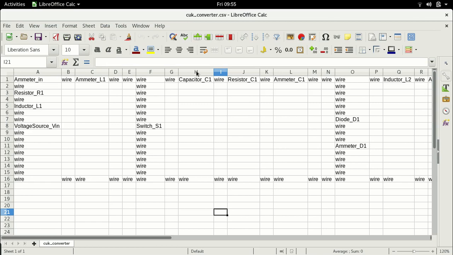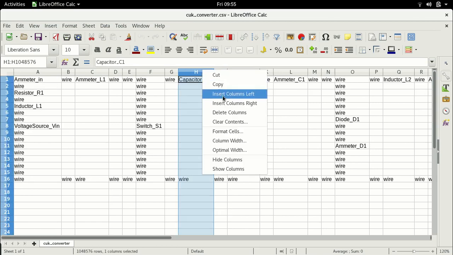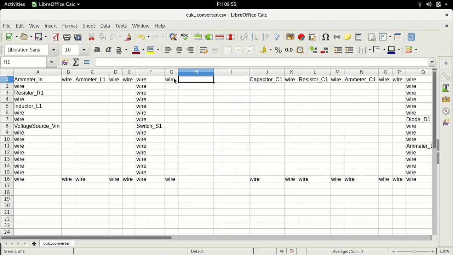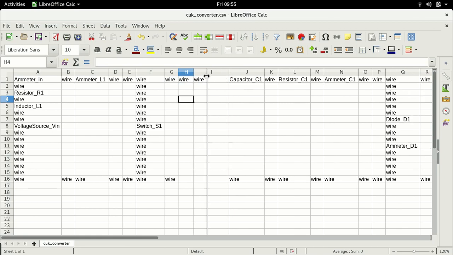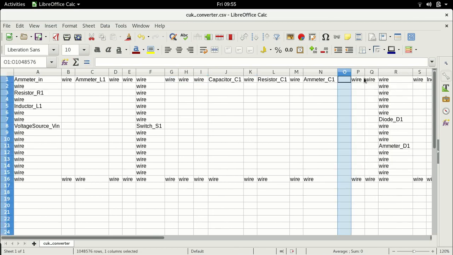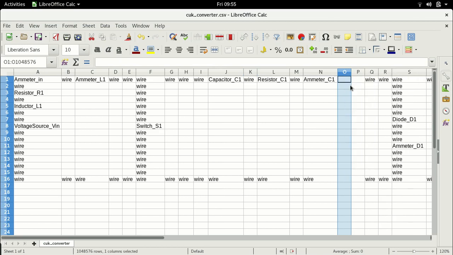So let's connect something. All I have to do is insert a couple of elements. You can do this in any way you want, I just prefer this. We need to add it here as well, and let's insert a couple of them here as well.